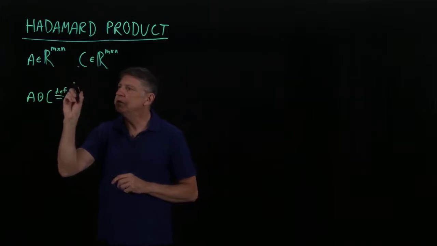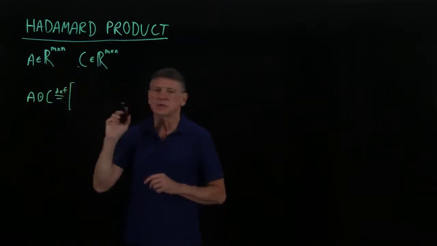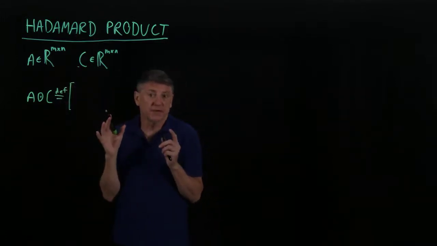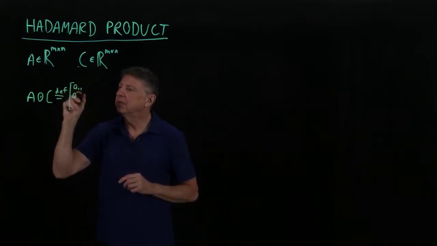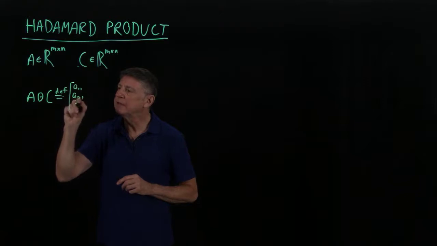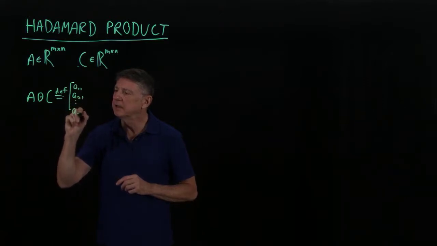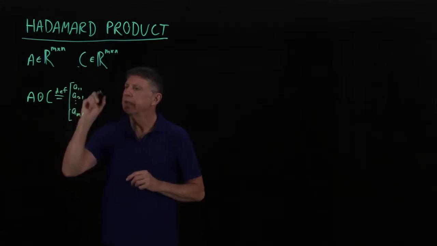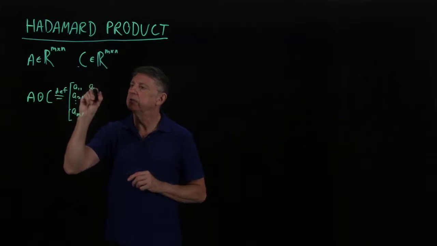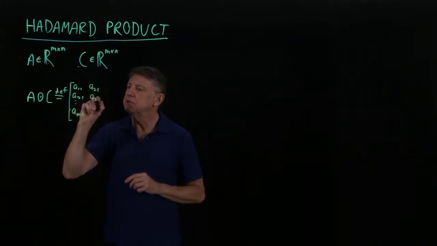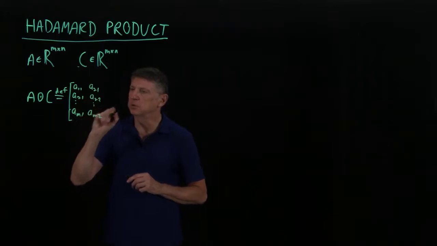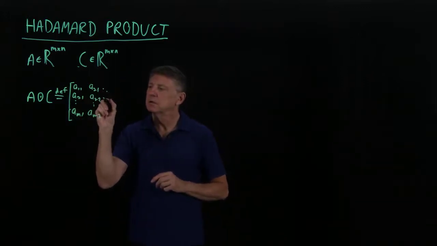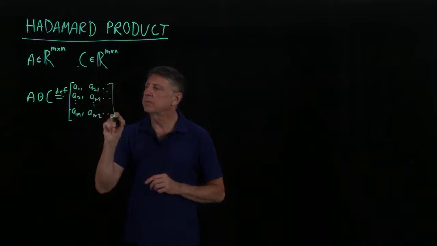Let's just imagine a small matrix for now. So this is A11, A21, and so on to Am1, and A12, A22, and so on to Am2, and we'll just stop it there.